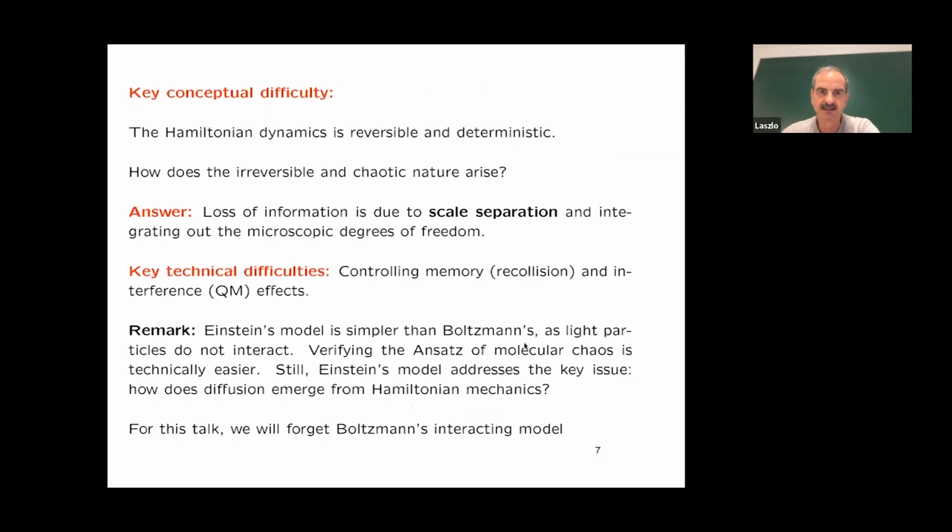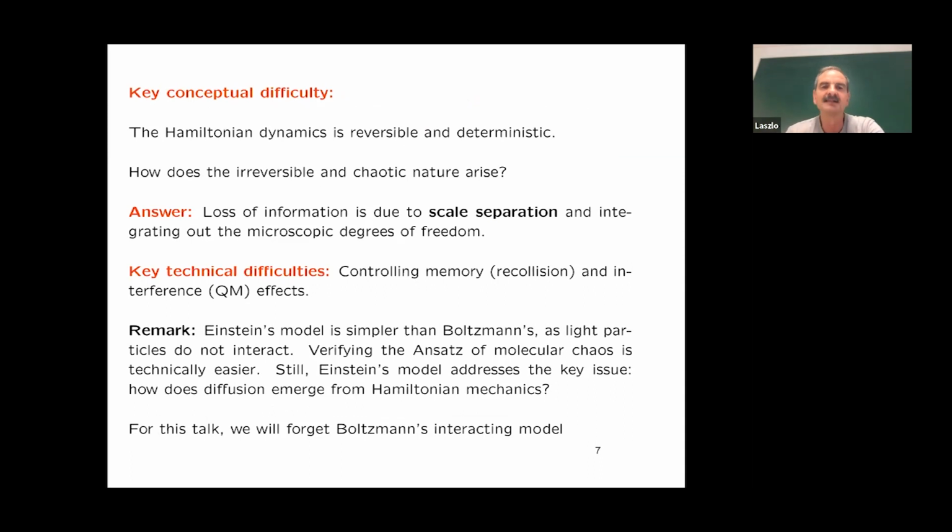Now, the key conceptual difficulty behind all these things, and also Einstein's model and so on, is that it's based upon a Hamiltonian dynamics, which is reversible and of course deterministic, but on the other hand, at the end, this describes an irreversible chaotic picture. How comes that a deterministic Hamiltonian dynamics leads to an irreversibility?